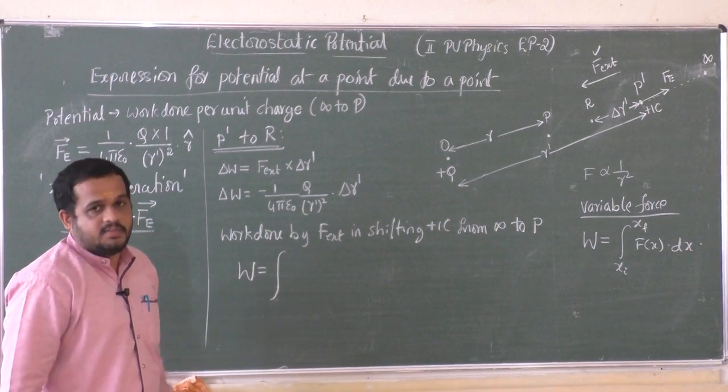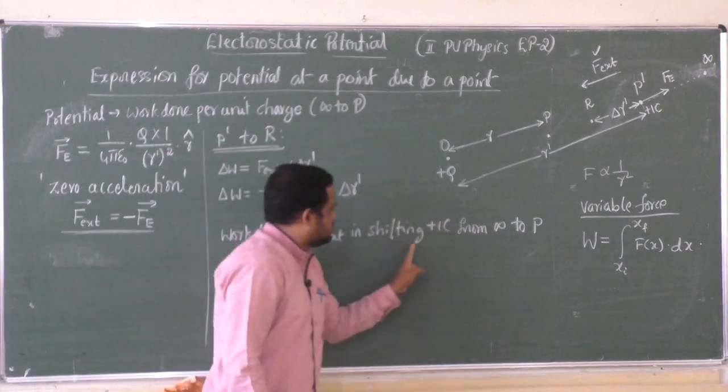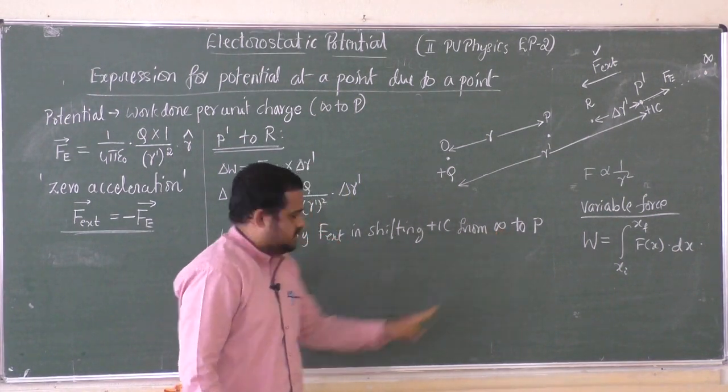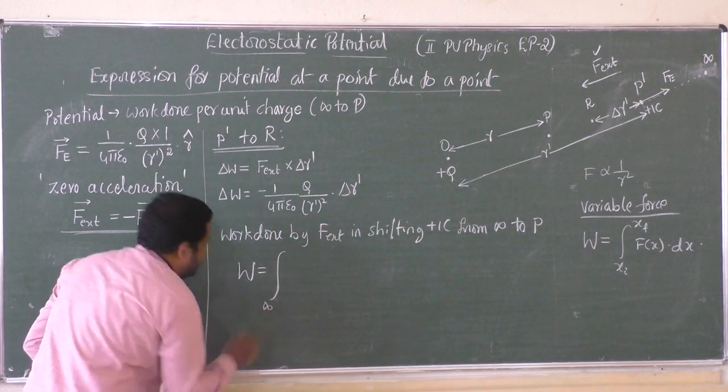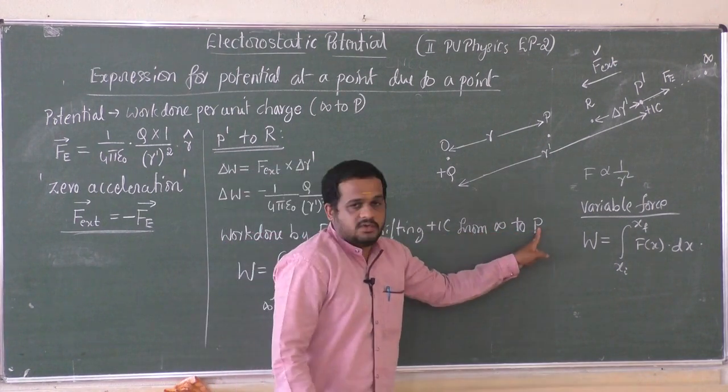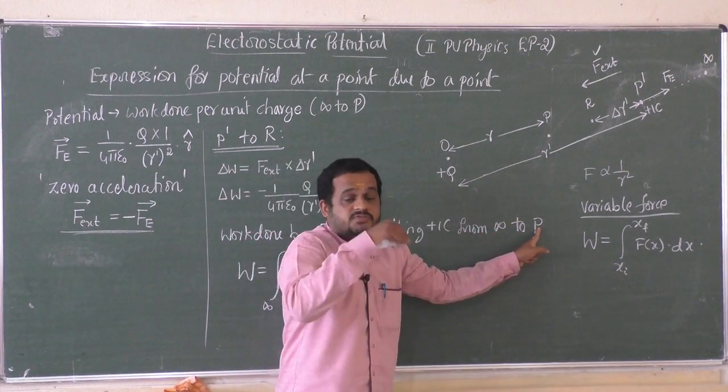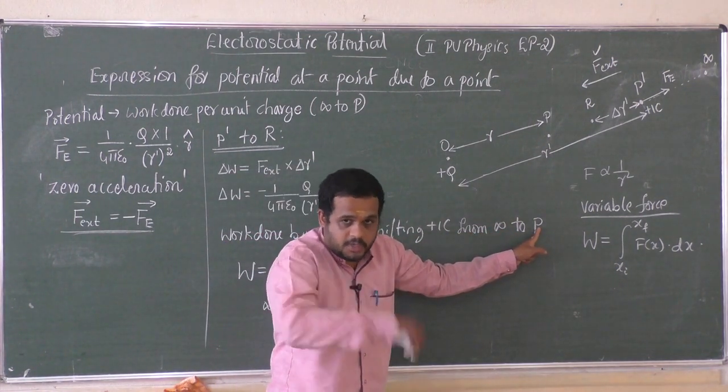What is our starting point? Starting point is from infinity, so the lower limit is infinity. What is the final point? Final point is point P, at which we want the expression for potential.